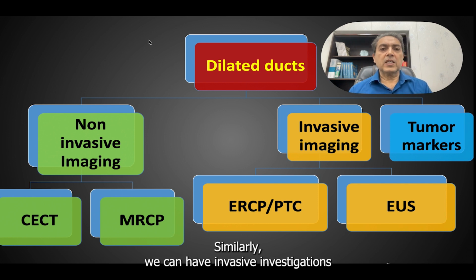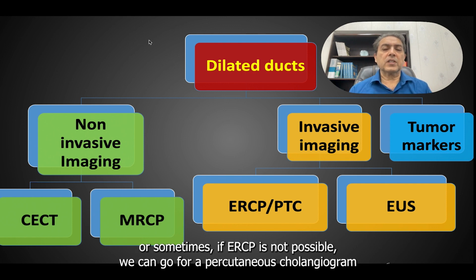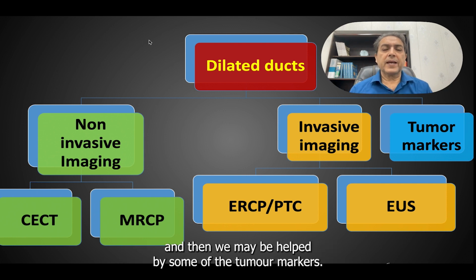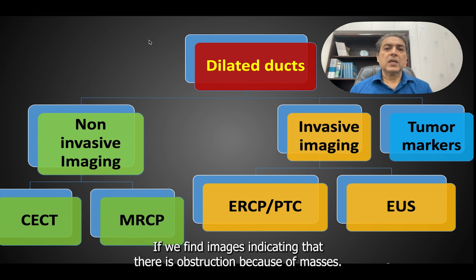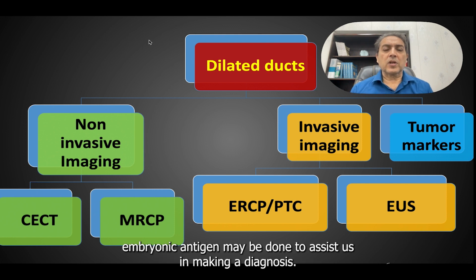Similarly, we can have invasive investigations, like endoscopic ultrasound or an ERCP, or sometimes if ERCP is not possible, we can go for a percutaneous cholangiogram, and then we may be helped by some of the tumor markers if we find images indicating that there is obstruction because of masses. So different types of tumor markers like CA19.9 or CEA, carcinoembryonic antigen, may be done to assist us in making a diagnosis.